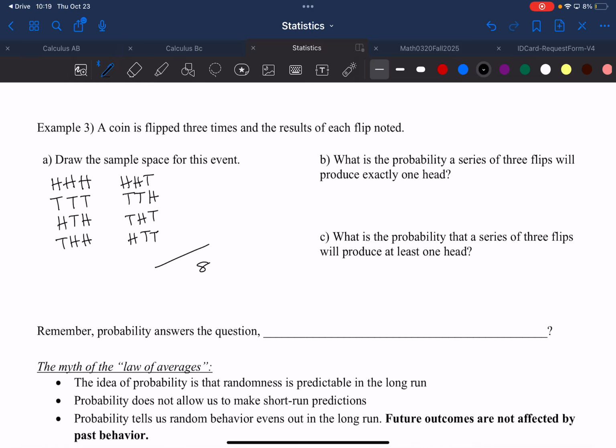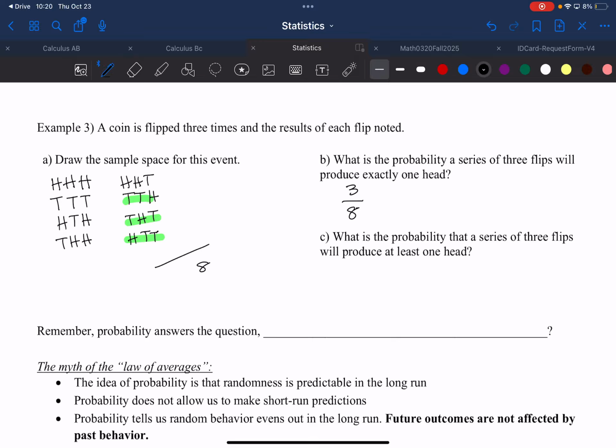It says, what is the probability a series of 3 flips will produce exactly 1 head? So looking at each of these, how many have exactly 1 head? Exactly 1, which means only 1. 3, right? We have this one, and this one that have exactly 1 head, which means we would do 3 out of how many total were there? 8. 3 out of 8.